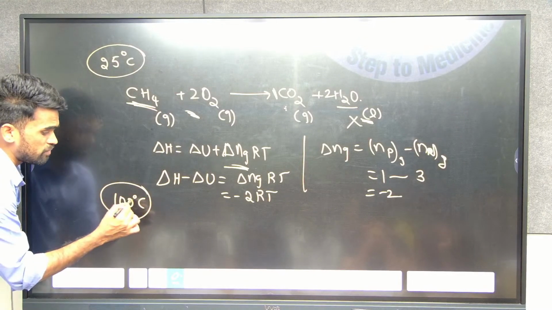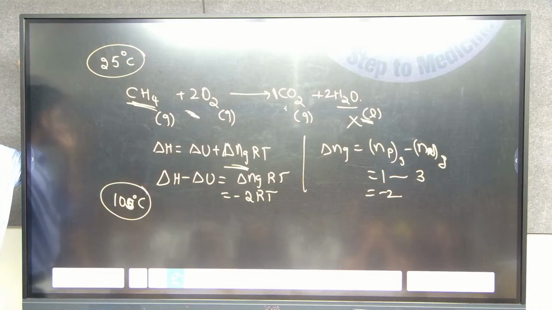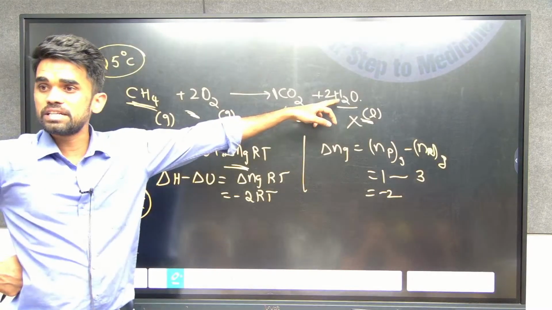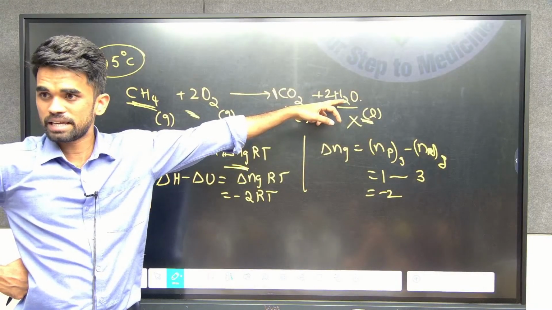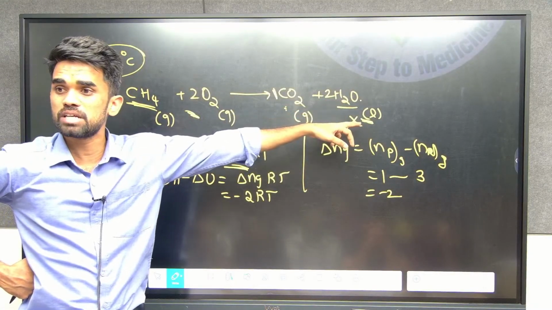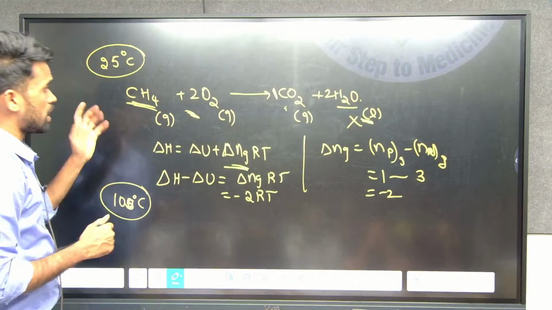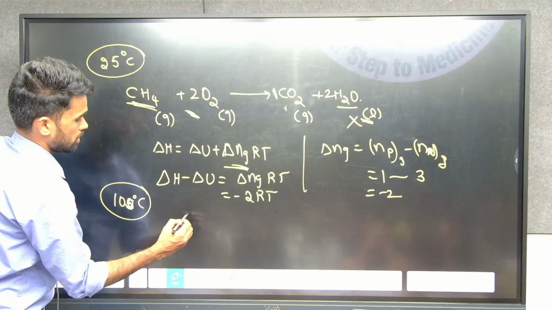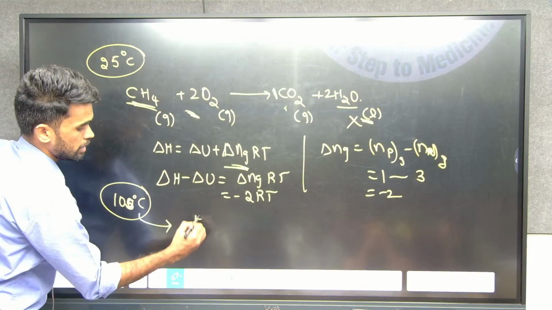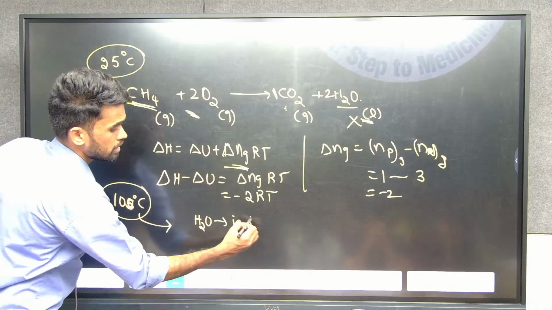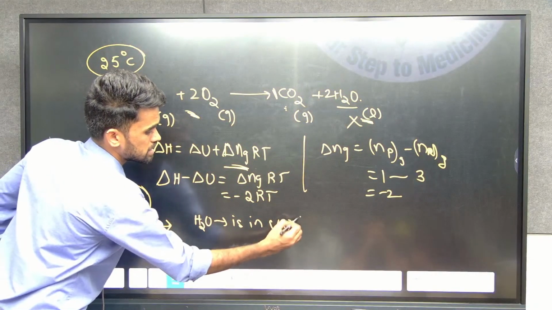Or somehow 105 degrees Celsius, what is your answer? So the liquid converts into vapors, like gases. So this should also be in terms of gas. So your answer changes there. So at this value, H2O is in vapor phase or gaseous phase.